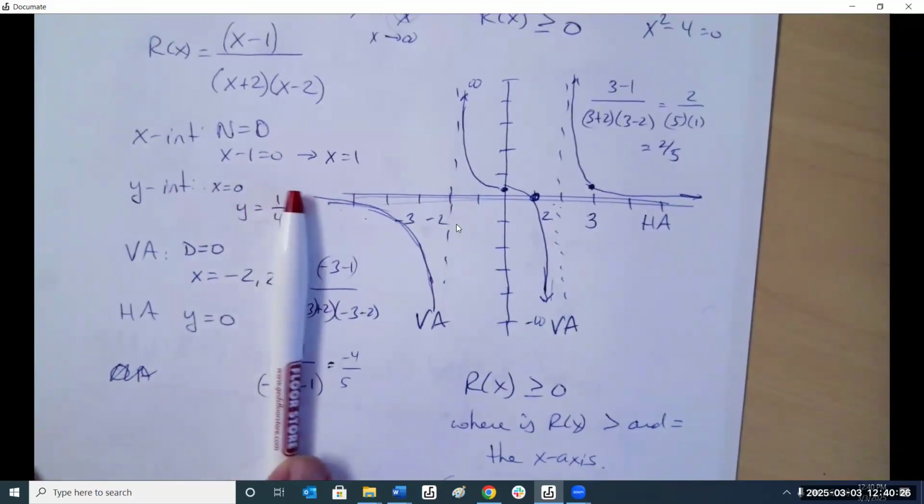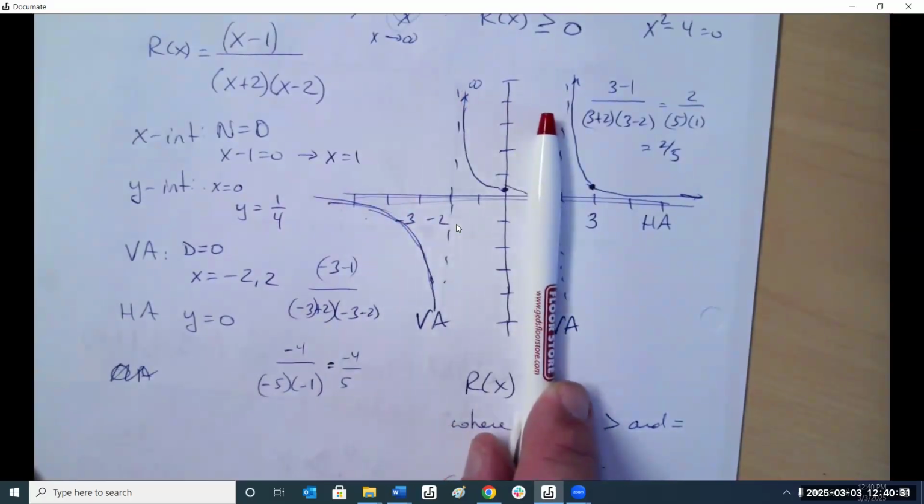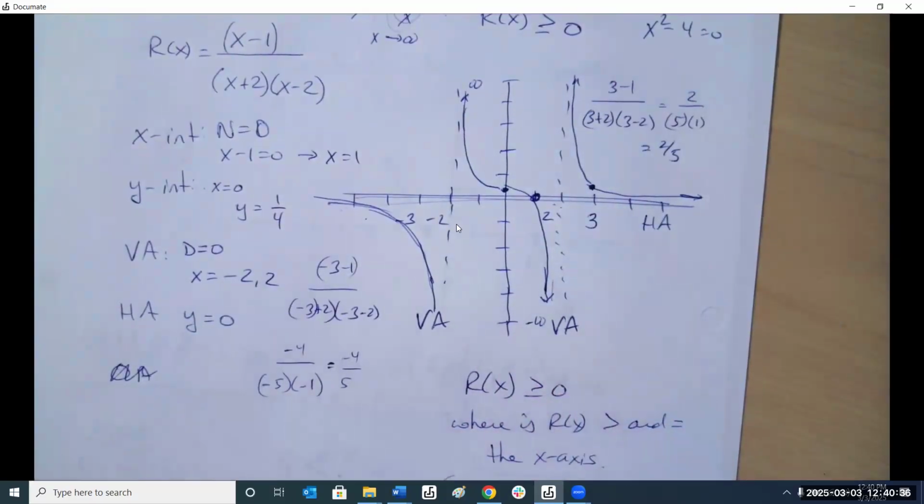From negative infinity to negative 2, it's decreasing. From negative 2 to 2, it's decreasing. And from 2 to infinity, it's decreasing. So this is a completely decreasing function everywhere.